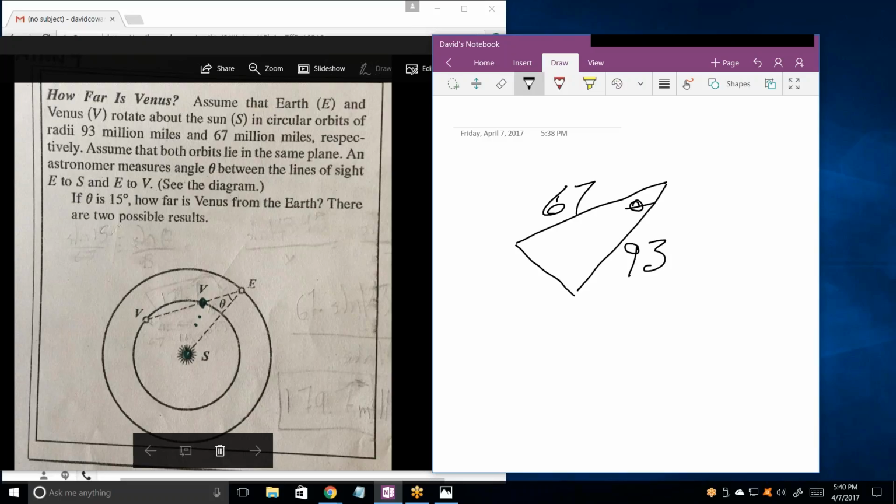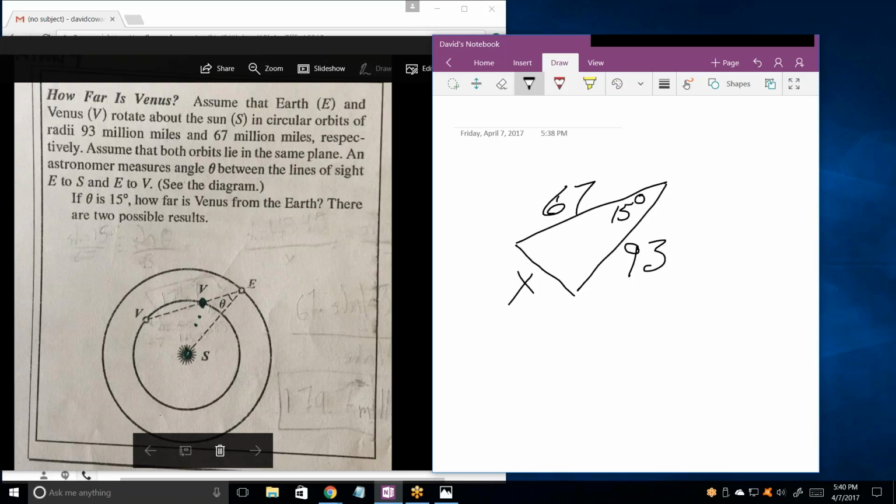And theta is 15 degrees. They want to know what that is. How far is Venus from, hold on a second, I've misinterpreted this. Let me look at it again.